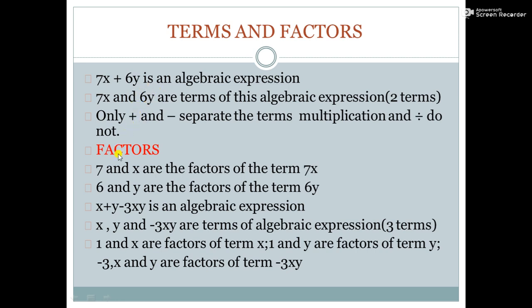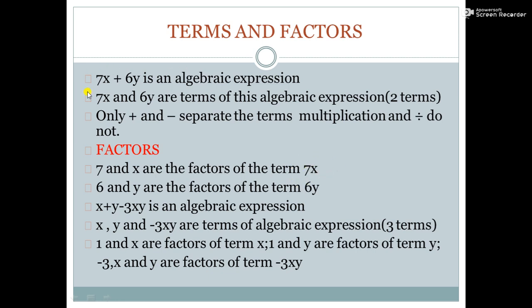And coming to the term factors. We know that the factors of the number 15 we can get easily from the multiplication tables. 3 and 5 are the factors of 15. Like that, the factors of a term of an algebraic expression.